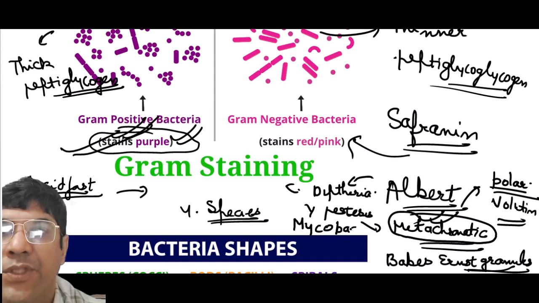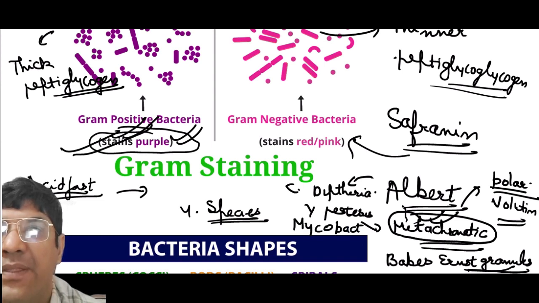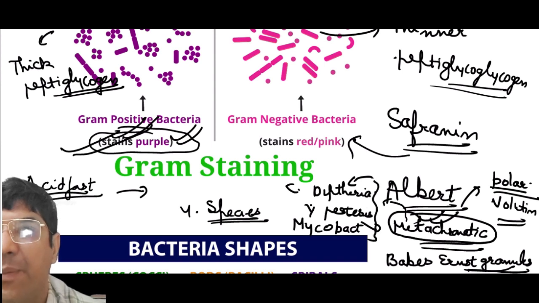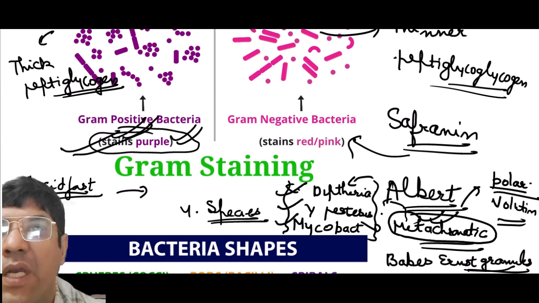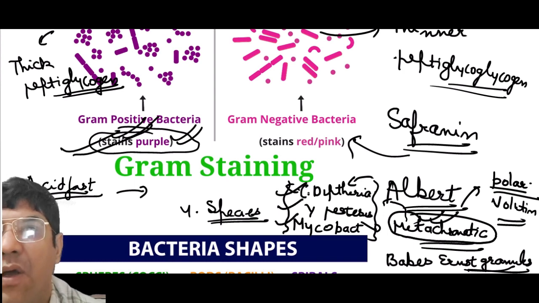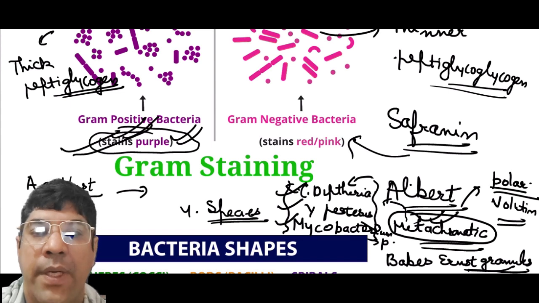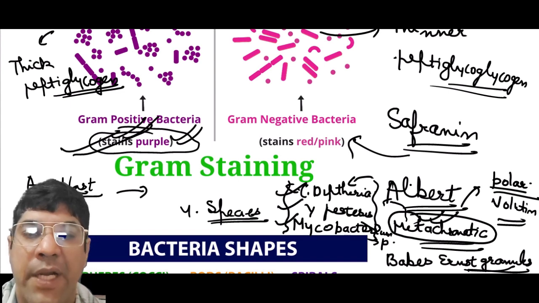So you can get a question: the metachromatic granules are present in all of these species except, or they are present in Corynebacterium diphtheriae, or they could be seen in Mycobacterium species. Very important for your entrance exam: Babes-Ernst granules, metachromatic granules, all these are important.